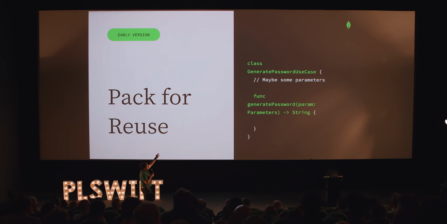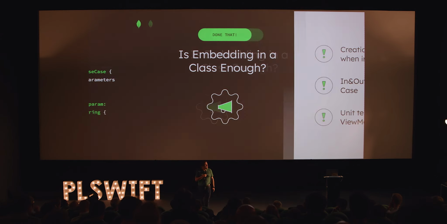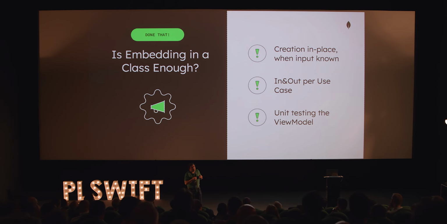So what we're basically doing is generating a use case that is going to be a class, and this class is going to be a dependency of each of the view models that require this password generation. Okay? But the problem with this is that the creation of it is going to be needed in place because you need the parameters that we were mentioning before. So you need to create the object.